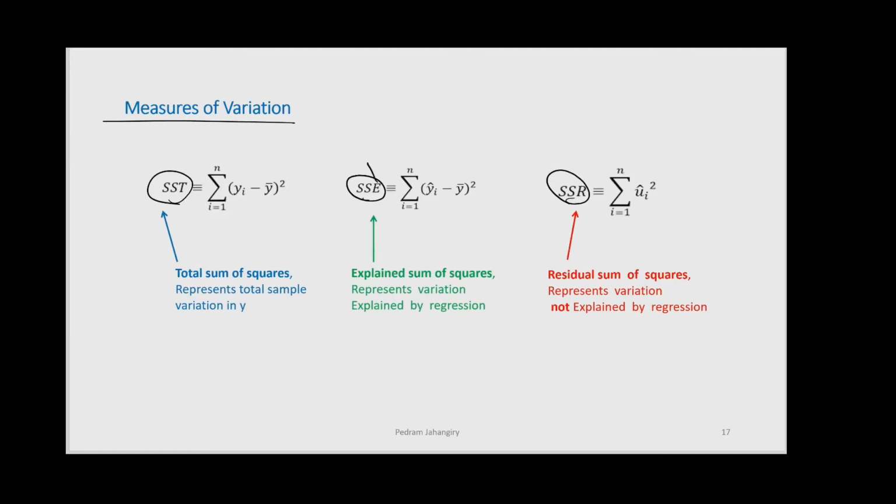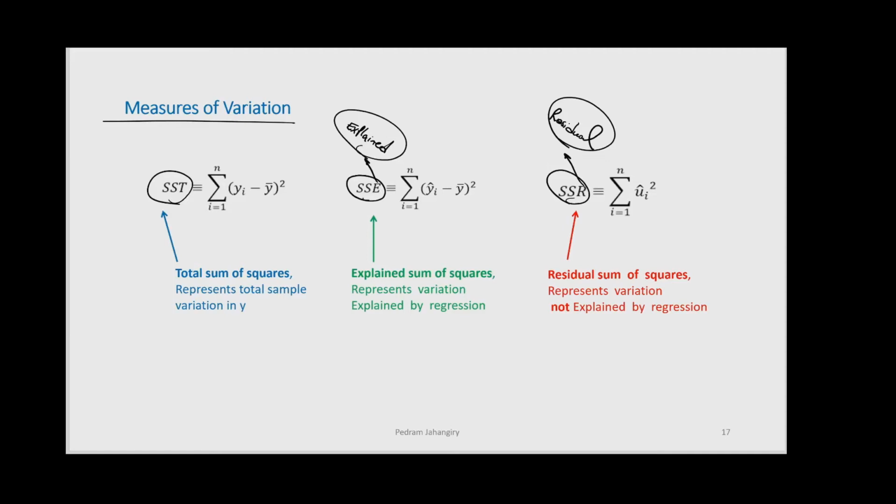And this E stands for explained, and R stands for residual. Just remember, at least for my course, learn it this way. But if you're using it for another course, be careful how SSE and SSR are defined. People use E for error instead of explained and R for regression instead of residual. In this course, we're going to stick to this one.